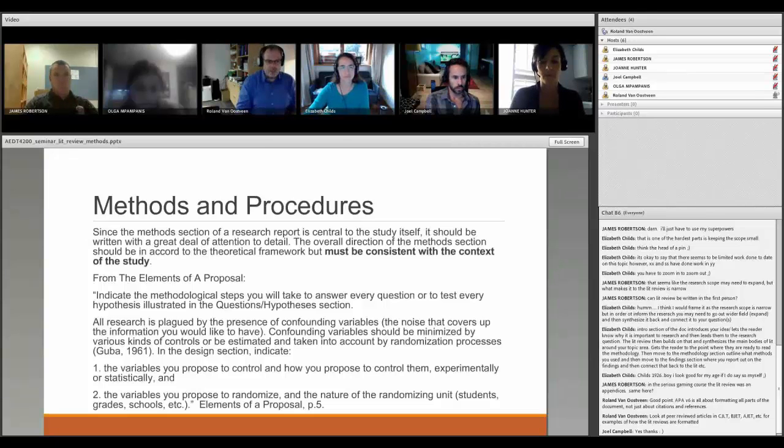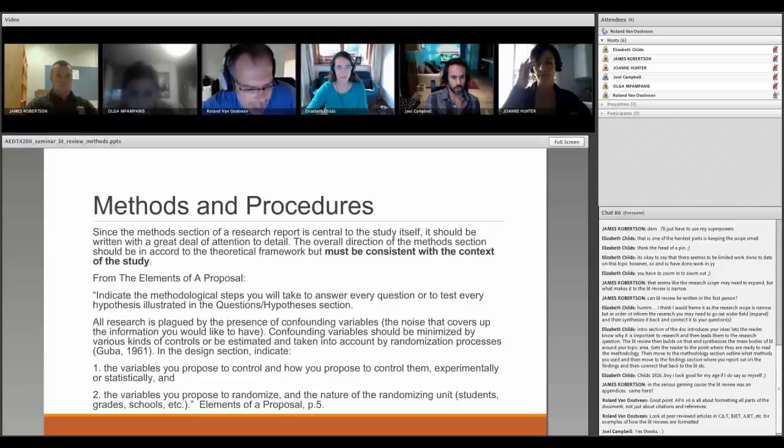So the elements of proposal, going back to that document again, talk about methodological steps, or a series of steps that you're actually going to be taking to answer every question and to test your hypothesis that comes up in your question and hypothesis section, the context and your theoretical framework. The research is plagued by the presence of confounding variables, and you're going to find this all over the place.